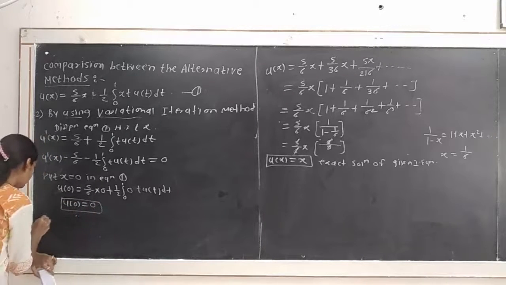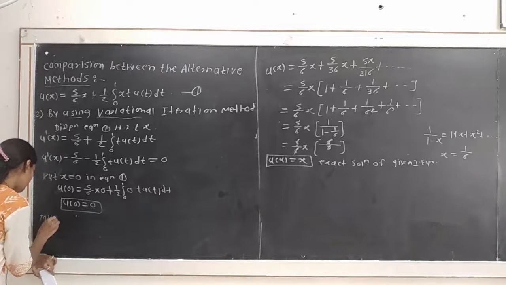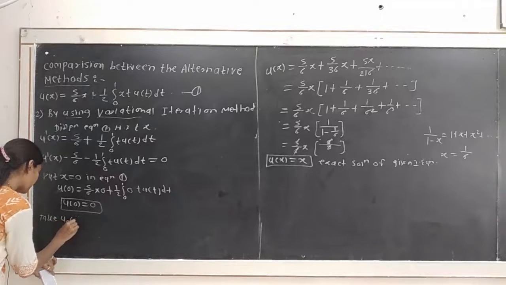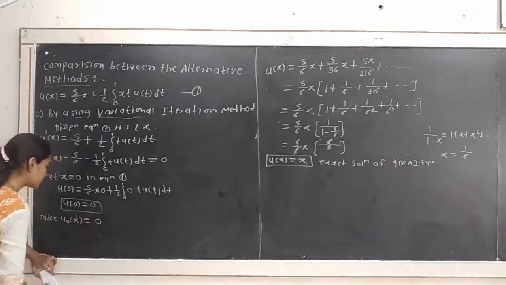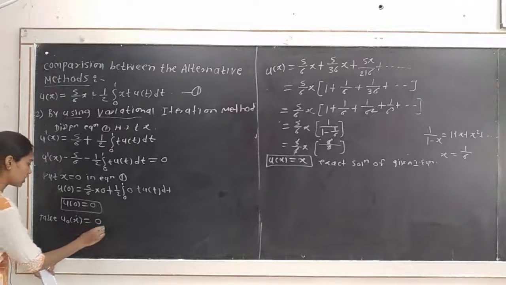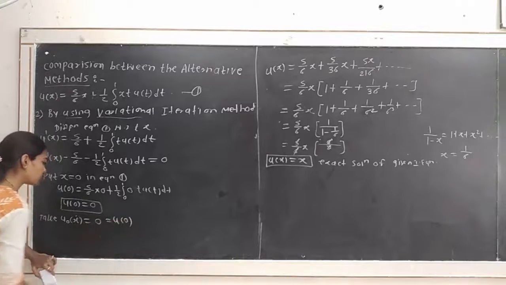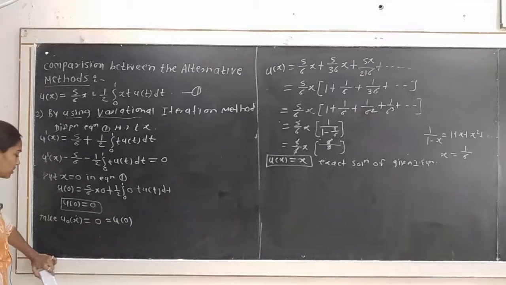Okay, and take here u0 of x, that is the first component u0 of x, also equal to u of 0, by using variational iteration method.